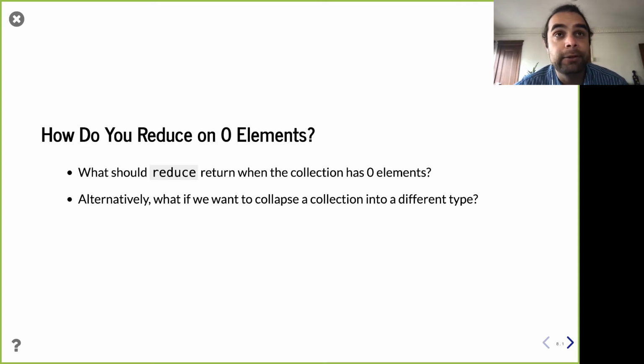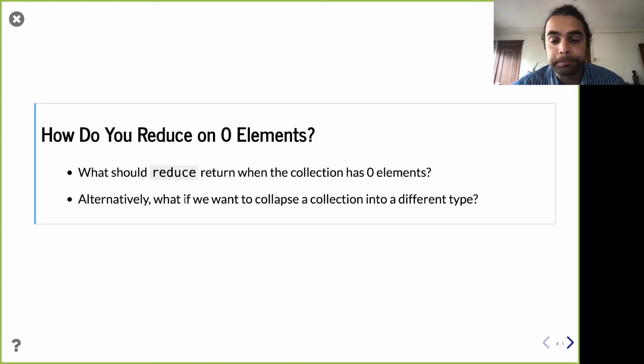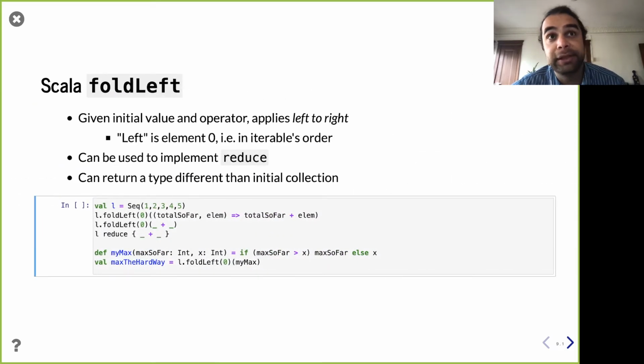What if you want to take in two elements of a certain type and produce potentially a different output type? Perhaps you're taking elements in individually and the output type is going to be a list of elements. That wouldn't be possible for reduce, right? So enter fold, or more specifically, fold left. Because it's called fold left, there's also a fold right.